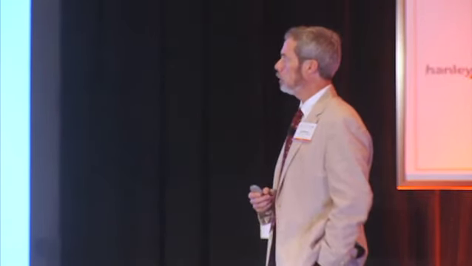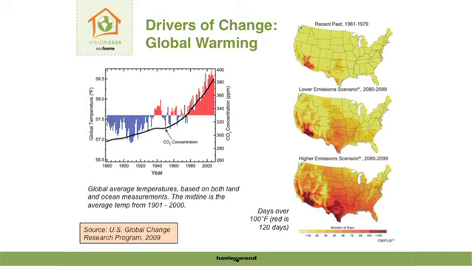Another big driver, one that Ed's talked about and others this morning and today, climate change. Huge problem. We've all seen graphs like this, the one on the left showing temperatures and how those have changed given the long-term mean. On the right, different scenarios of what happens with a low emission scenario and a high emission scenario in terms of numbers of days per year above 100 degrees.